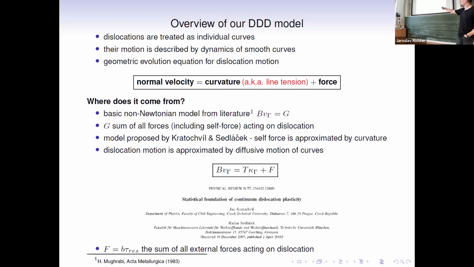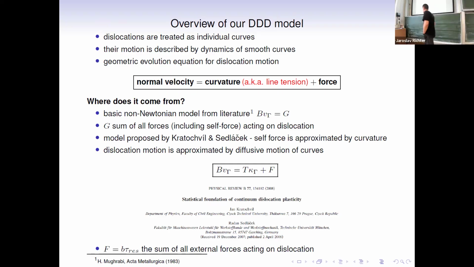So now let's start with something really equation-like. A basic overview of how we model things. As I already commented, in our descriptions, the dislocations are considered as individual curves which move in their respective slip plane.